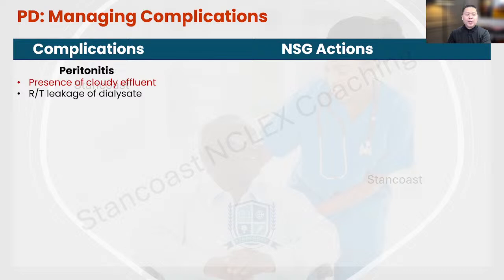Now, one of the key assessment findings when there is peritonitis is the presence of a leakage from the dialysate. That is one sign, okay? So I really want you to be reminded about that, the leakage of the dialysate. And so what is the preventive action that we can do here?